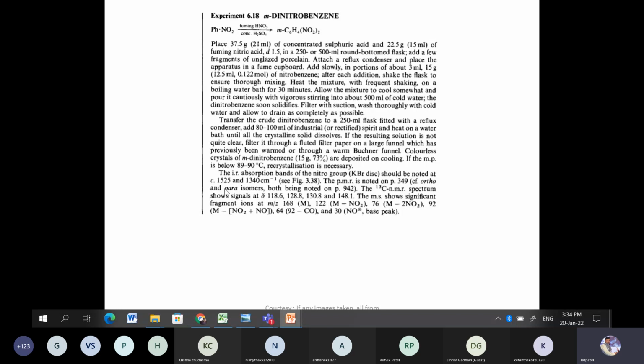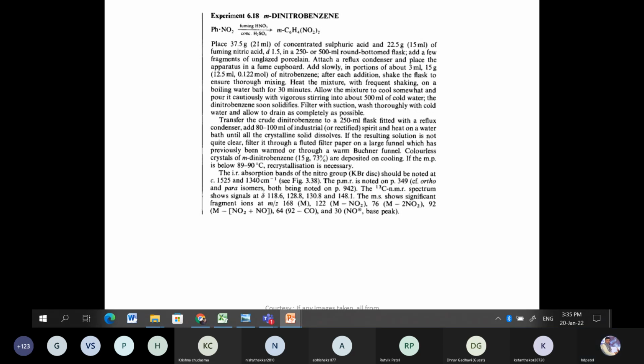So based on that IR spectroscopy or frequency, we can say in the compound we are having two nitro groups. Then based on the proton signal, that is called NMR spectroscopy, we can also find out whether the product is formed or not. And the last one is mass spectroscopy.